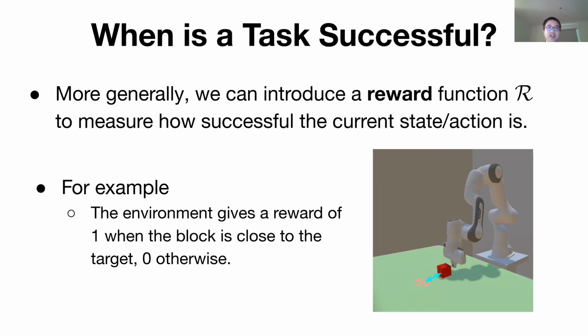More generally, we can introduce a reward function R to measure how successful the current state or action is. For example, we can make the environment give a reward of 1 when the block is close to the target and 0 otherwise.